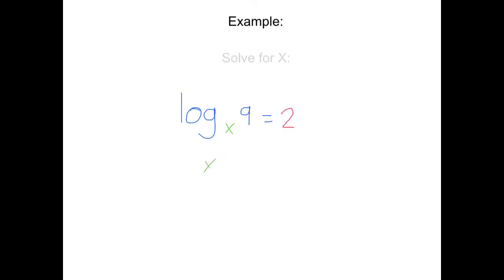So x to the 2 gets us 9. Now this is pretty straightforward. We know that 3 squared gets us 9.